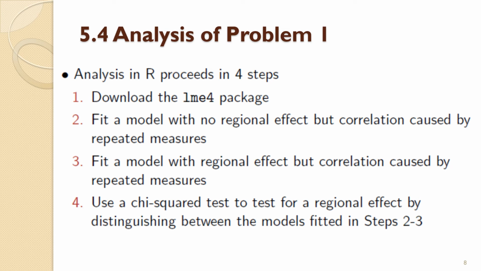So once you account for this correlation, you provide the most sensitive possible test of the regional effect, and then once you fit the models in steps 2 and 3, you can use the chi-square test to test for regional effect by testing which one of these models in step 2 or step 3 is best. And you do this using a chi-square test, which is technically a likelihood ratio test.